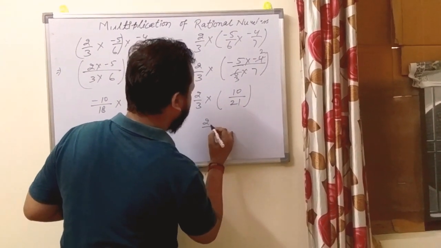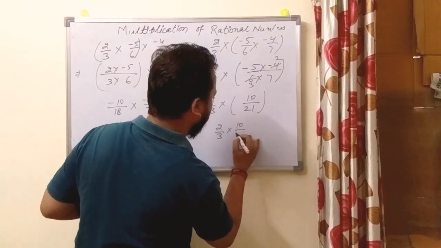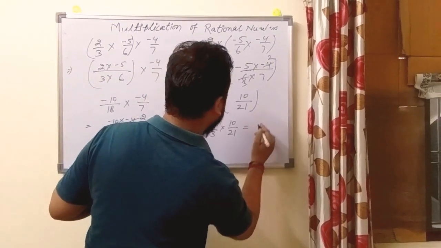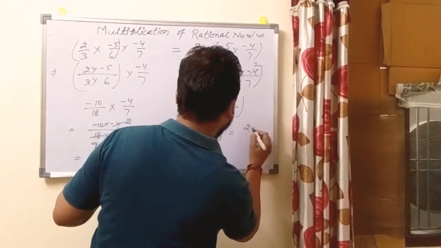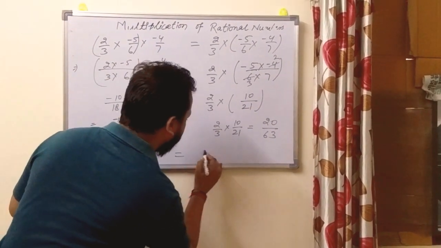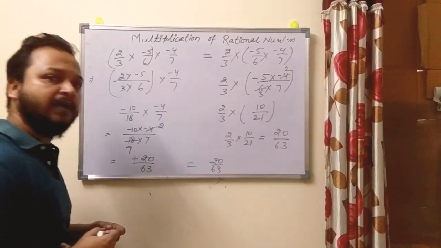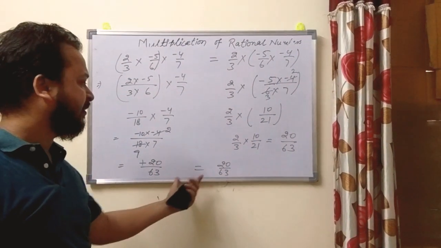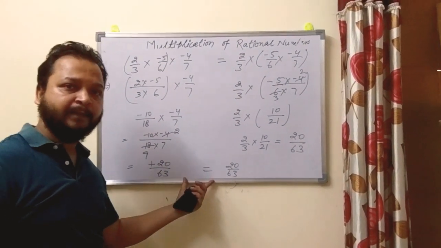So 2 by 3 multiplied by 10 upon 21, that comes to 20 upon 63. So in both the cases the answer is same.